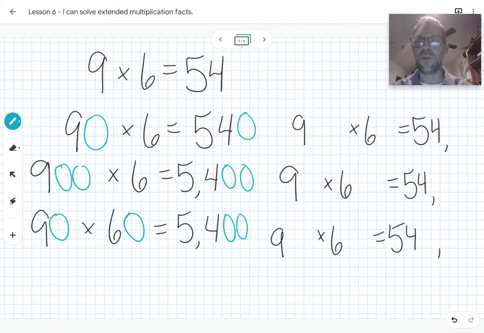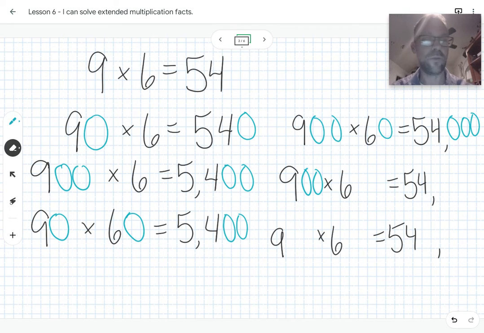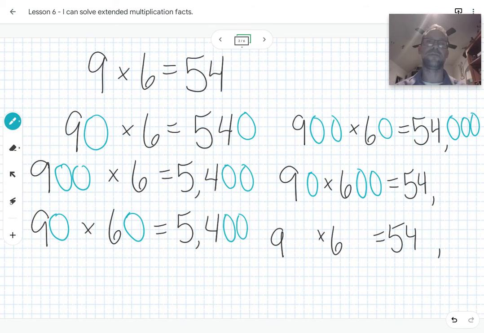What if we multiplied 900 times 60? Wow, those are big numbers. Well, the answer would be 54,000. What if I multiplied 90 times 600?